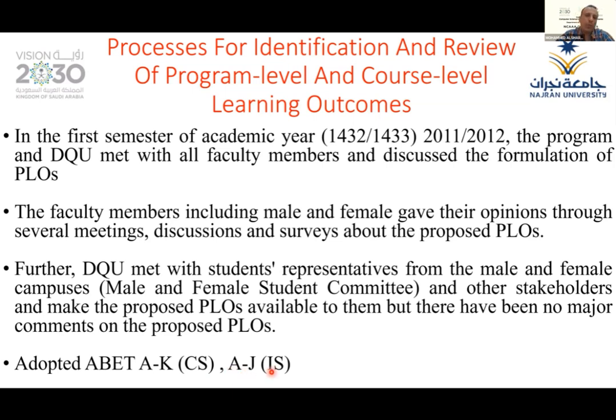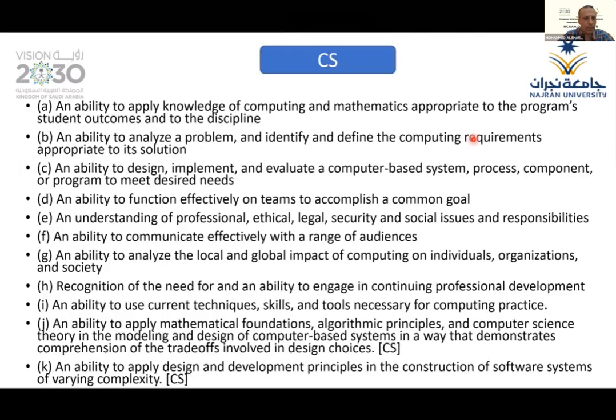So from that time, 2011, 2012, until the moment, we are using for CS 11 program learning outcomes, A to K, which is ABET. This one is used from 2011, 2012, until now for the current plan.